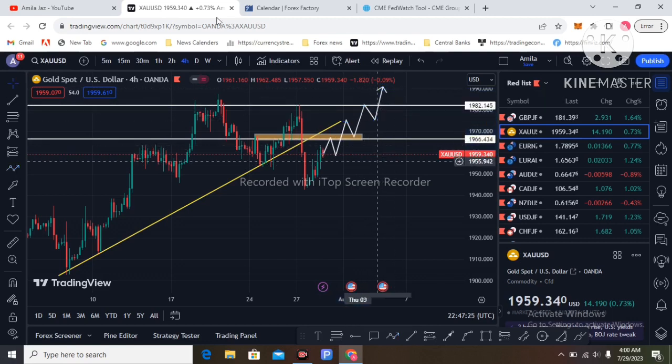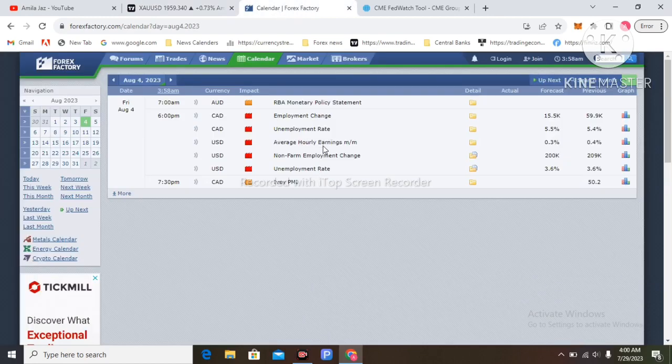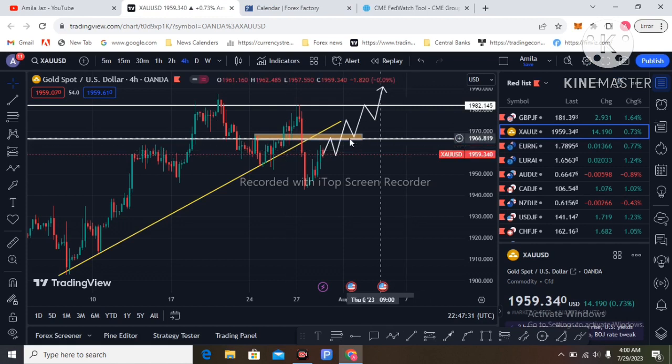The reason is that the non-farm employment change next week is negative for the US dollar, which will push gold to the upside. 1982 is a strong resistance level, and it will break to the upside next week.